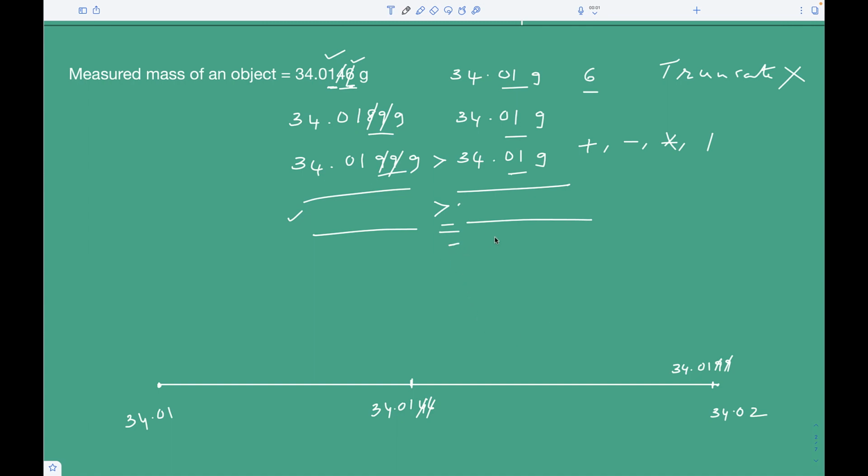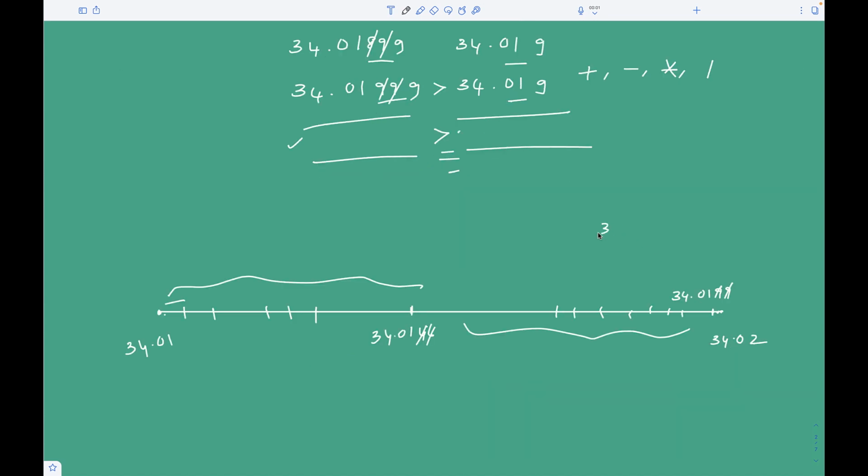We have to keep the average the same before and after. Now how do we keep the average the same? If you take a large number of measurements, then all those measurements are scattered all over this line. And if you drag all the measurements that are close to this end of the line towards this end, and all the measurements that are close to this end of the line towards this end, then the average would remain the same.